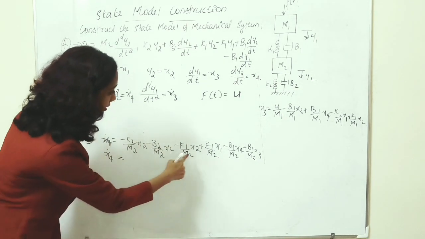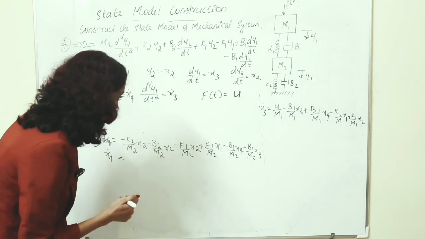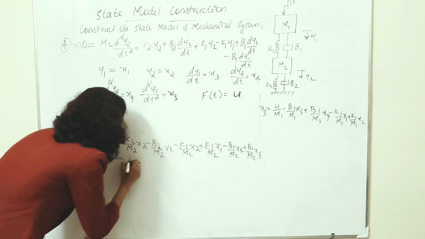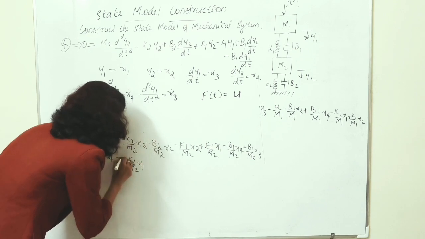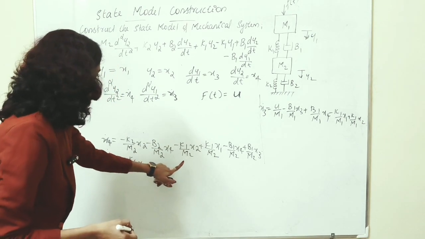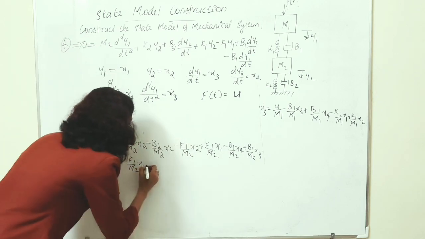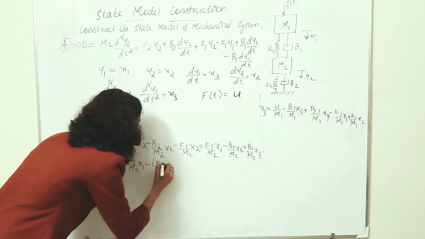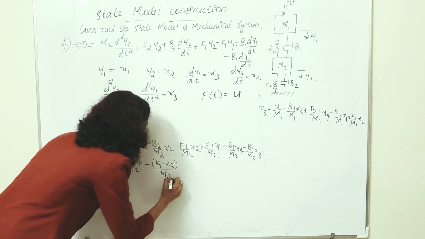In this term, what are the x1 terms? k1 by m2 x1. Then the x2 terms are minus k1 by m2 x2 and minus k2 by m2 x2, so minus of (k1 plus k2) by m2 x2.